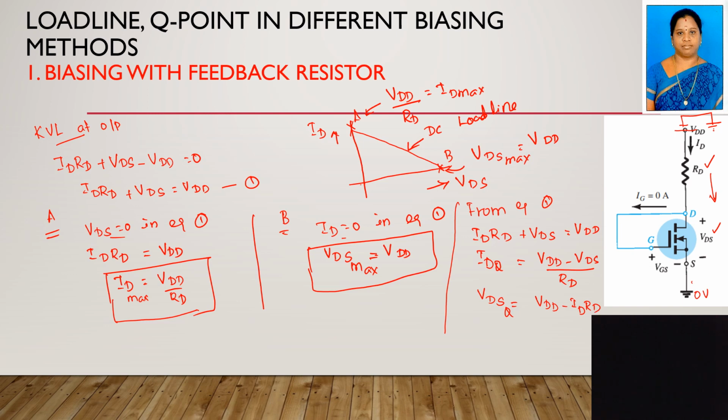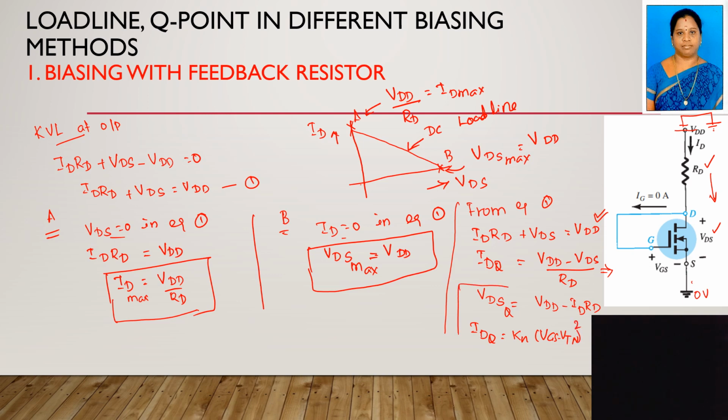Here, from a single equation, you cannot find out IDQ as well as VDSQ. So, along with this equation, we have to use the ID equation, which is IDQ equal to, you know that general equation, Kn into VGS minus VTN whole square, right?